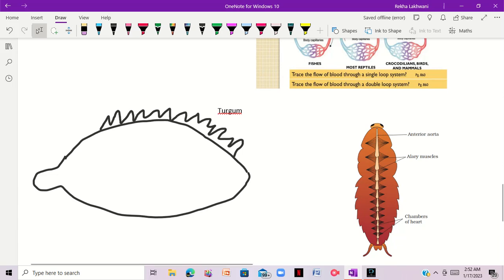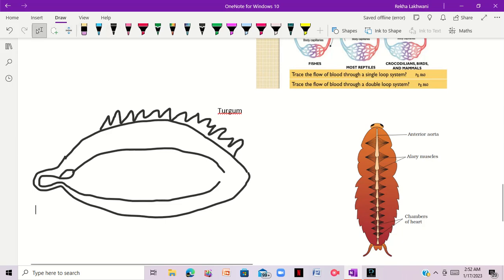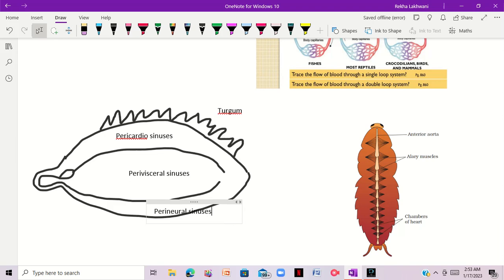Now over here we have a partition. This cavity is known as pericardial sinus. The middle cavity is known as perivisceral sinus, and this one is known as perineural sinus, right?